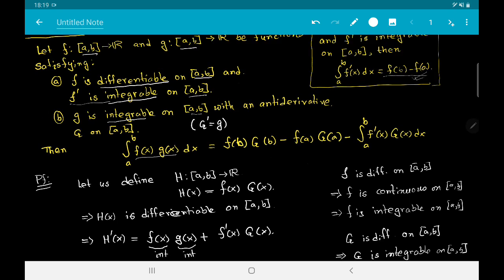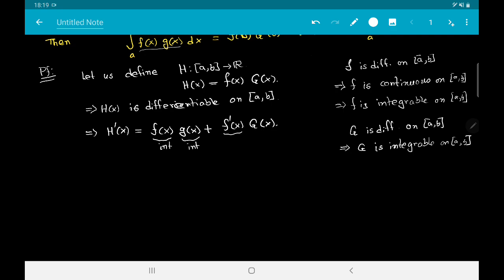This was one of our conditions. And we have just derived that big G is also integrable. So by the algebraic properties of Riemann integrable functions, the product of integrable functions is integrable. So f(x) times g(x), this is integrable. Similarly, this other product is also integrable, and we know that the sum of two integrable functions is integrable.